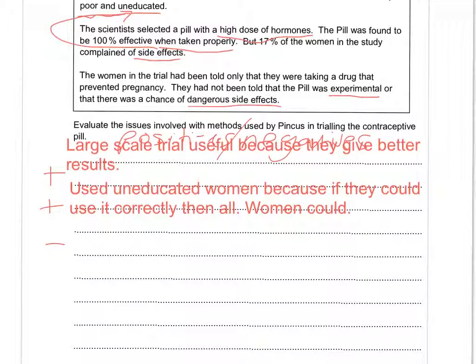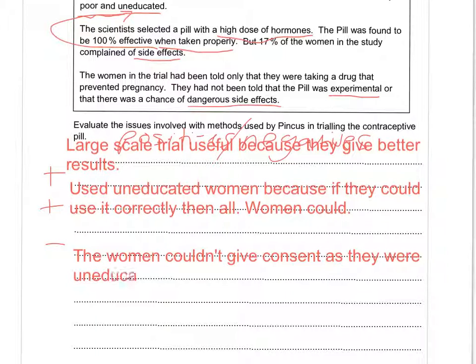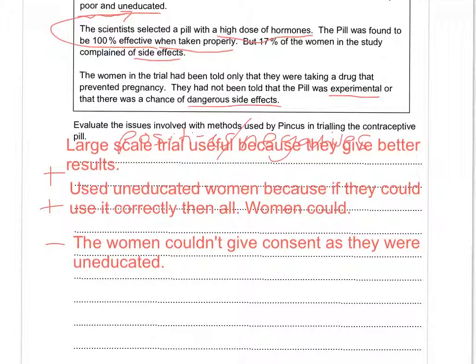Okay, so for the first one, the women couldn't give consent as they were uneducated. So that was one thing that they could have said as a negative. Another thing, there was no control group in the experiment, so there was no group to compare it against.